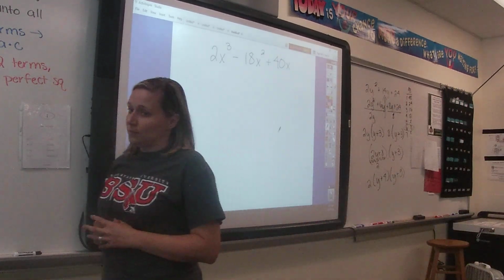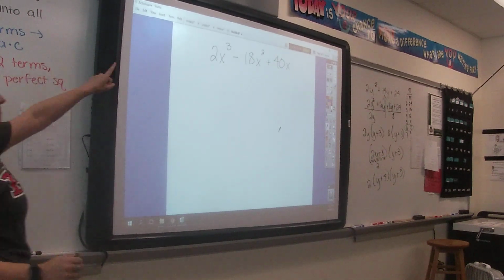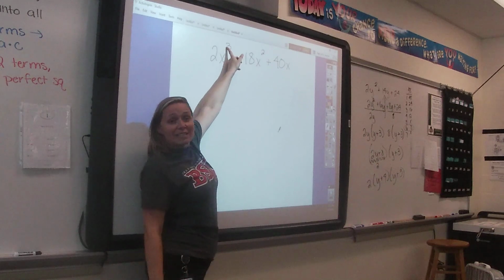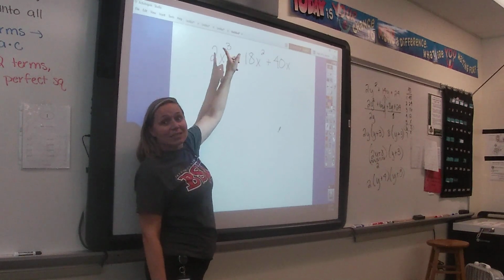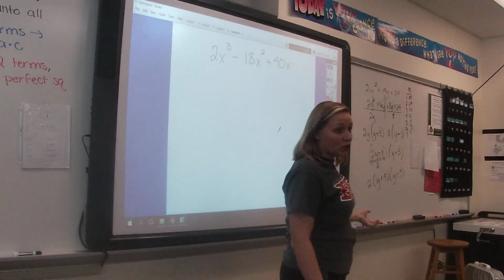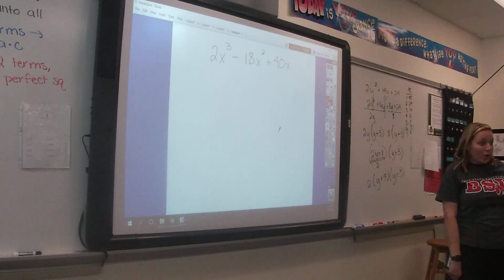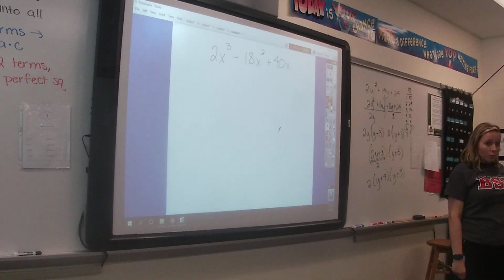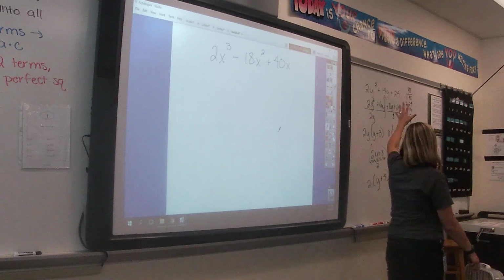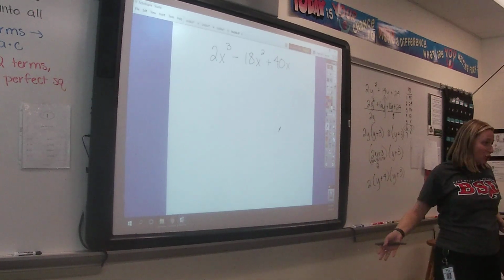Oh wait, no. Why not? Because this is not in the form ax squared plus bx, so if we don't factor out the GCF, we're not going to be able to factor this at all. So sometimes it's to make our lives easier. Sometimes it's the only way to get it factored.